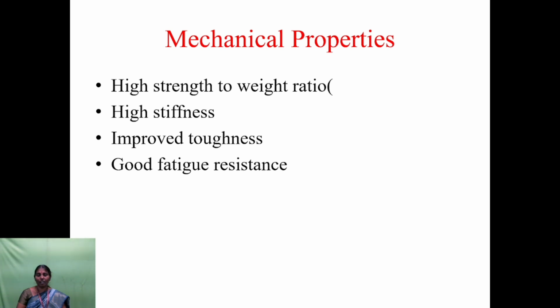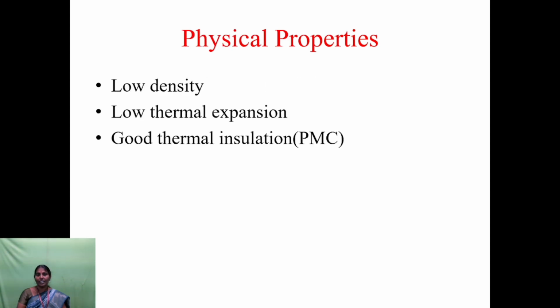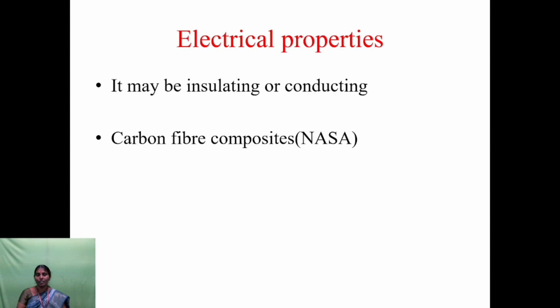So, properties of composites. Composite materials have a high strength to weight ratio and high stiffness, improved toughness, good fatigue resistance, low density, low thermal expansion and good thermal insulation. So we can choose the material where it can be used in space. Also in NASA, 90% of the material is composites, maybe carbon fiber composites.